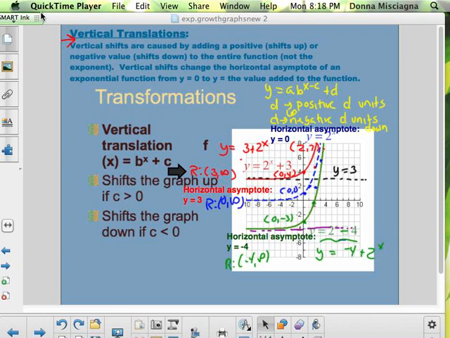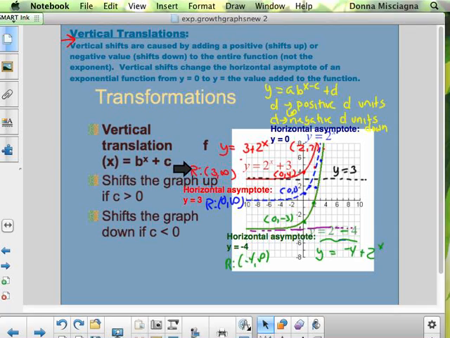So now adding to our format for exponential equations, the plus d would be a vertical shift. If we're adding a positive value, the graph will shift d units up, and so will the horizontal asymptote. If it's a negative value, the graph will shift d units down, and so will the horizontal asymptote.